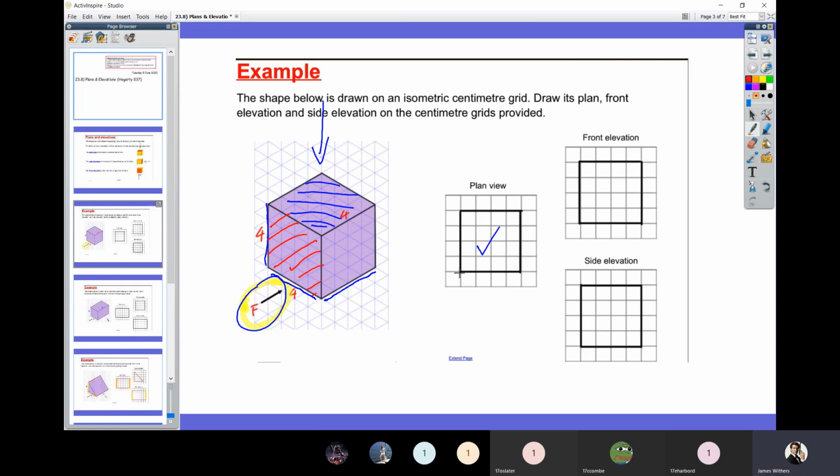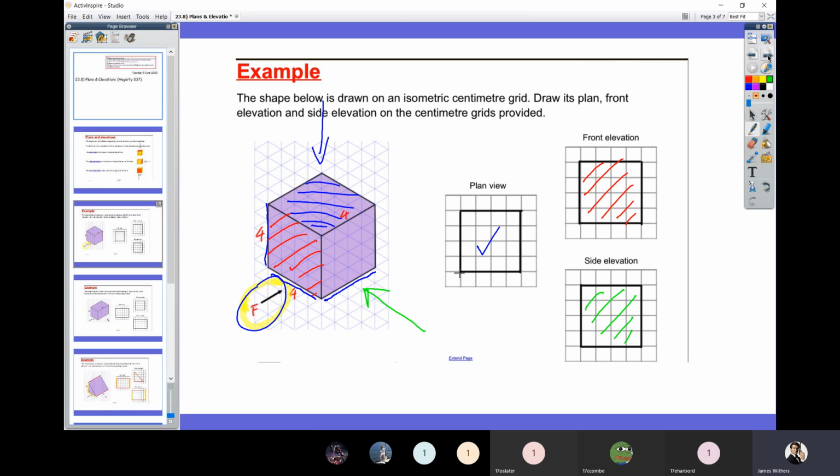And with this easy example, that's just a 4 by 4. And obviously, when you're looking from the side, you get the side elevation. Again, with this simple example, you can see that base is 4, the height is 4, so it would just be a simple 4 by 4. It doesn't matter where you draw it on the paper, okay? It just needs to have a base of 4 and a height of 4.